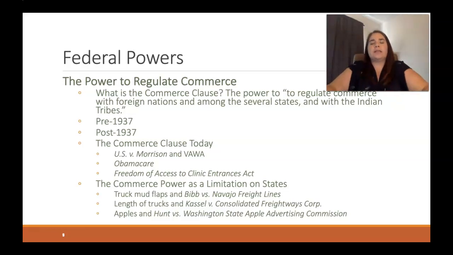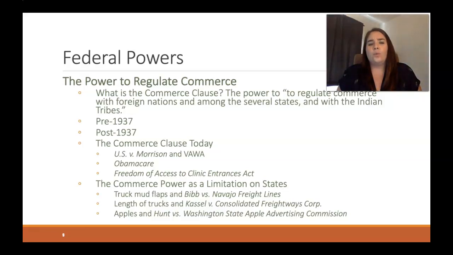Before 1937, what we had was a very weak utilization of the Commerce Clause. The interpretation at that time was that it was a state-run situation. The states were handling everything that they needed to, and the federal government was really focused on fighting wars, because we'd had World War I and then World War II.